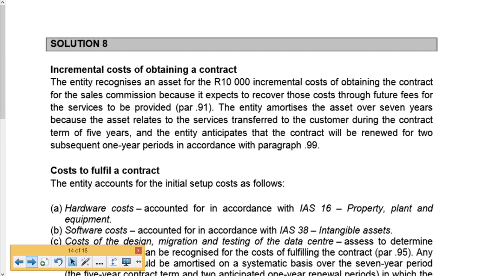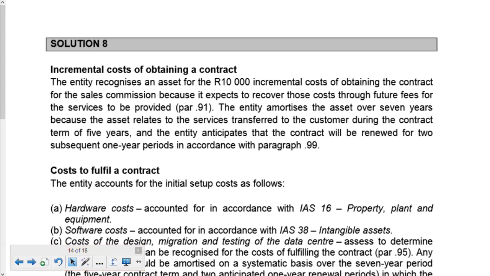So they say that the initial 10,000 Rand for the sales commission, you're going to recognize as an asset initially, isn't it? And then you're going to recognize the expense over the 5 years. It kind of would make sense if I said to you, what do you think you should do with it? That's what you would have come up with. The entity will amortize it over 7 years. Oh, they said 7 years because that's the average of the contract. Then the hardware costs.